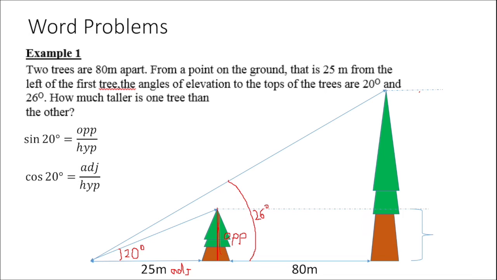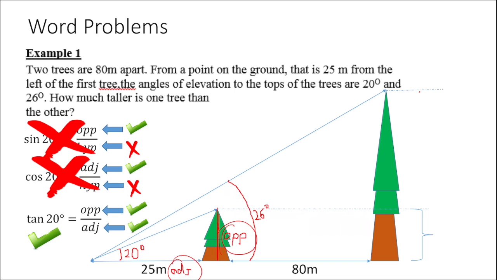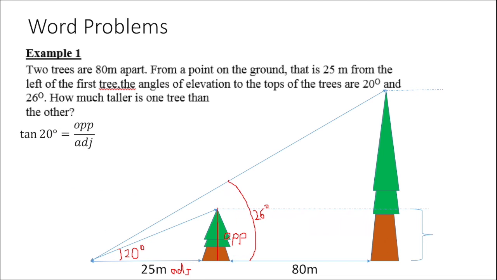I don't have the hypotenuse, so I can't use sine or cosine. I'm going to use the tan ratio because I have the adjacent and I need the opposite.